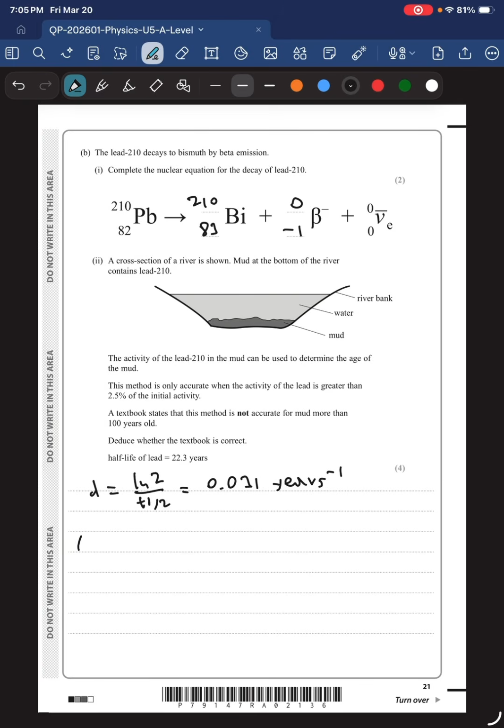So by using A, the activity, is equal to the initial activity times e to the minus lambda t. We have done this already in this test, so I'm going to probably skip to the final result, or maybe I can take a few steps. So minus lambda t is ln of A over A naught.